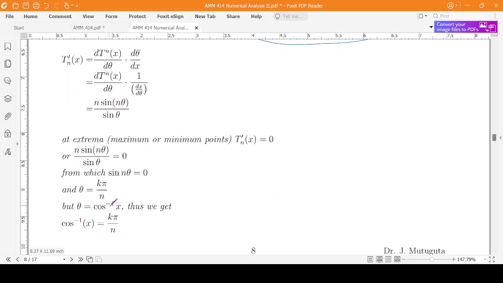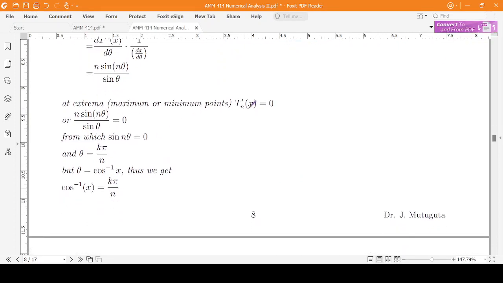So at the maximum or minimum point, this quantity should be 0. So we equate this to 0, meaning that n sine of n theta is equal to 0, or sine of n theta is 0 because n is non-zero.